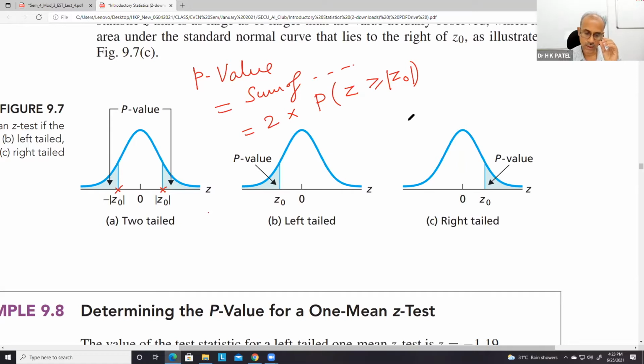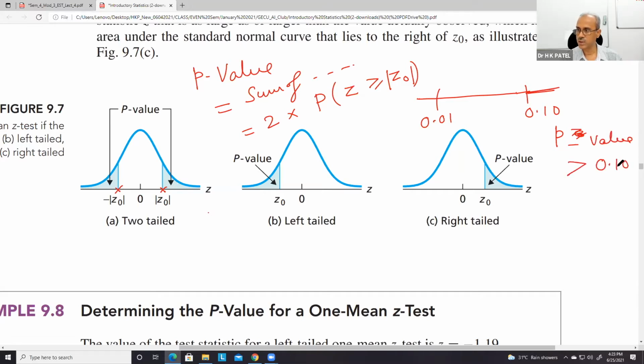Now there are different approaches I have seen. Okay, one approach is this. This is say 0.01, and then we have 0.10. Okay, so if the p value is greater than 0.10, we accept the null hypothesis.